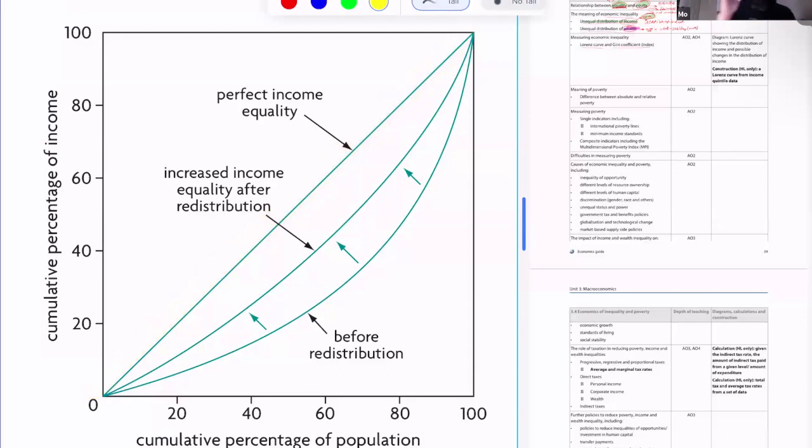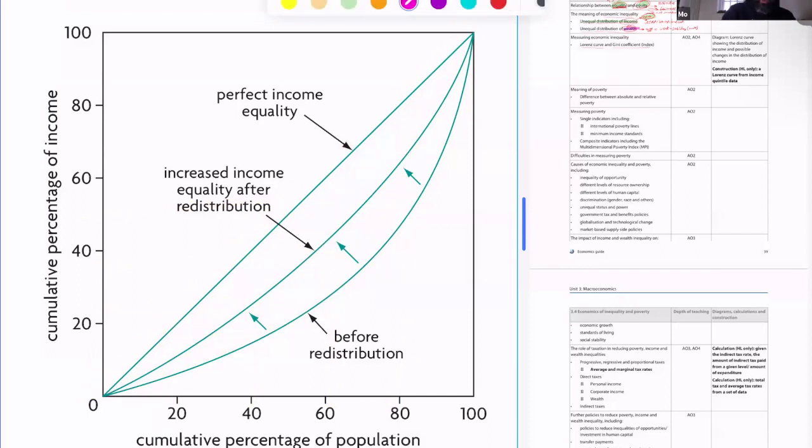Now, then you measure the actual distribution of income. So 20% of the population earn this much, 40% earn this much, 60% earn this much, and so on and so forth. The further away you are from the line of absolute equality, the more unequal. The closer you are to the line of absolute equality, the more equal.